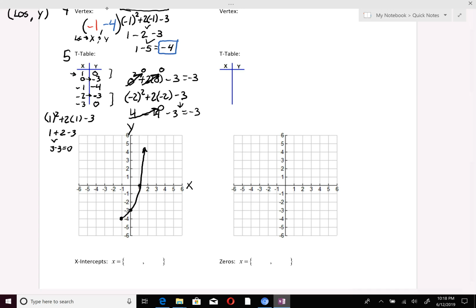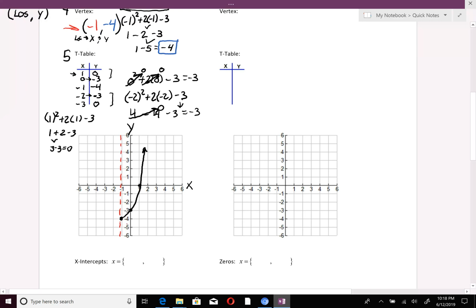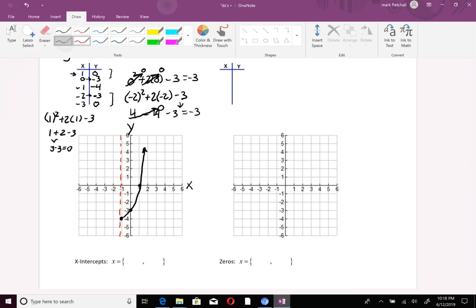And so you'll start to see one arm of our parabola. And so I'll label our line of symmetry in red because that's what our x value is in our vertex here. So our line of symmetry is at -1. And we'll start to see that another arm will appear from the other side, the left side of the line of symmetry. So I'll plot my -2.